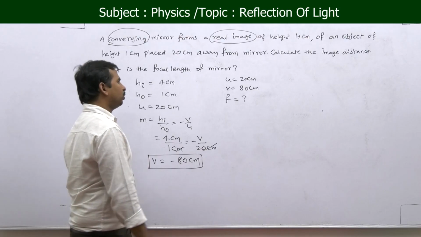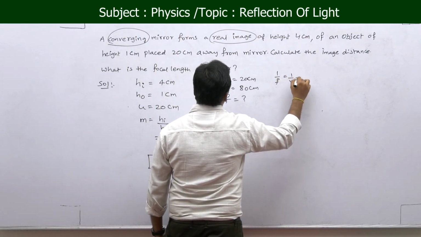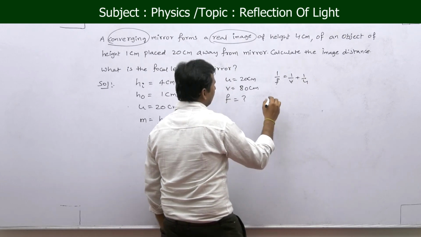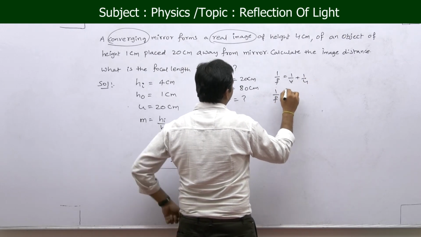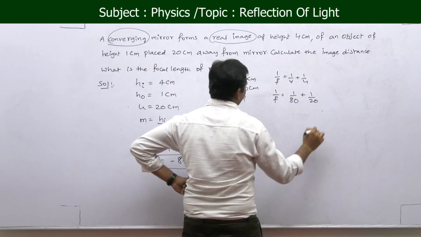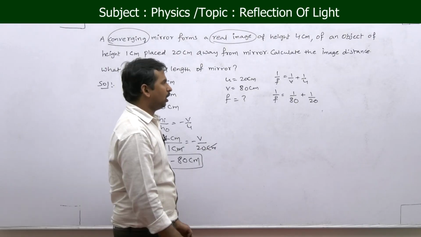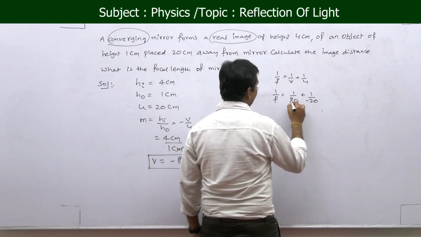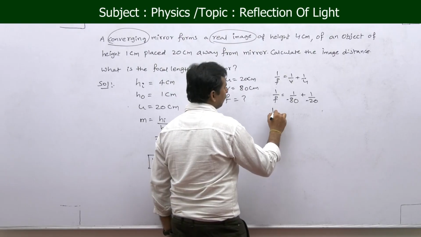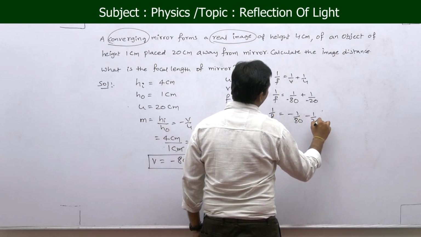Then according to the mirror formula, 1 by f is equal to 1 by v plus 1 by u. Then 1 by f, we don't know the f value, and v value we got 80 and u value given is 20. Then if you substitute the sign convention here, object distance is negative, image distance also negative, then 1 by f is equal to minus 1 by 80 and minus 1 by 20.